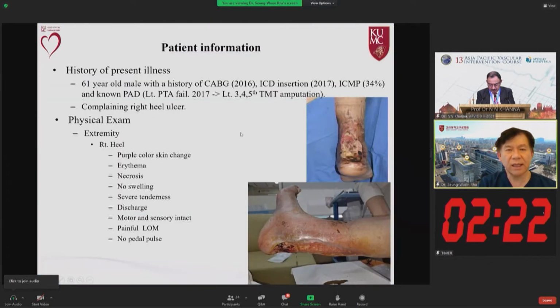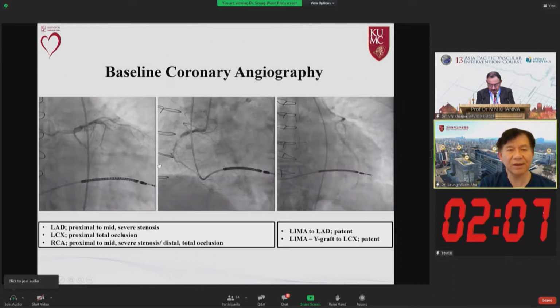And this second case is critical limb ischemia with multiple risk factors: previous CABG, multivessel disease patient, and the previous PTA failed due to heavy calcium.